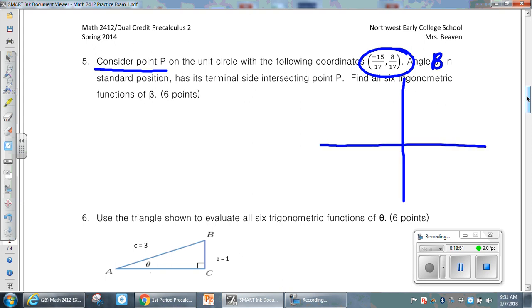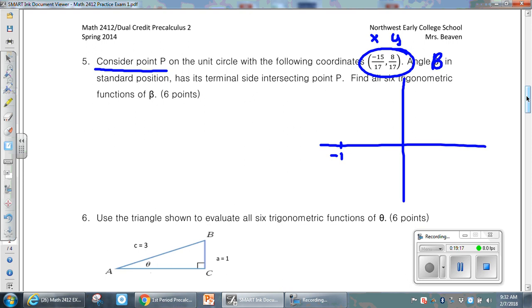So if I plot the point, this will be the x coordinate and this will be the y coordinate, right? So this is -1, so negative 15 over 17 is almost -1, but not quite.